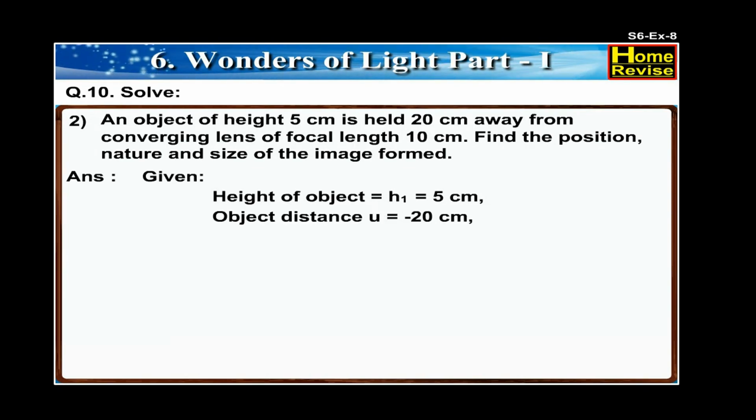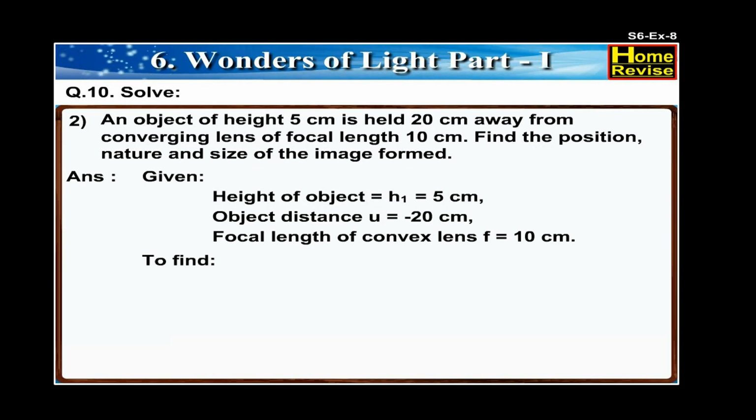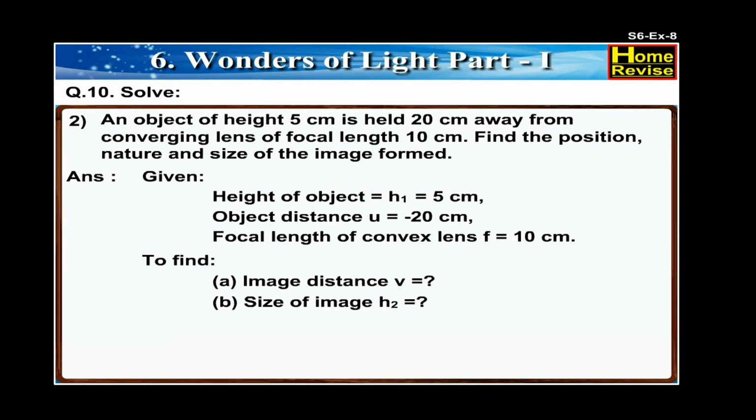Object distance U is equal to minus 20 centimeters. Focal length of convex lens F is equal to 10 centimeters. To find A, image distance V, B, size of image H2, and C, magnification M.